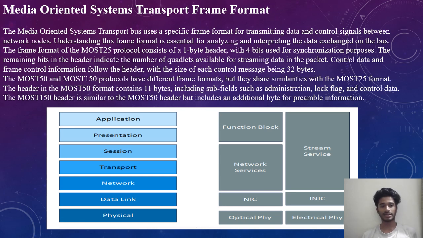The remaining bits in the header indicate the number of quadlets available for streaming data in the packet. Control data and frame control information follow the header, with the size of each control message being 32 bytes. So as you can look at the flowchart, the first one is application, followed by presentation, session, transport, network, data link, and physical. So moving on to the next slide.